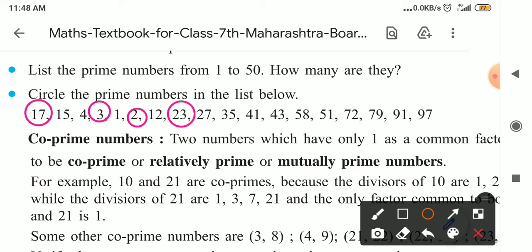Then 9 3s are 27, it is present in more than one table. 41, 43, then 58, 72, 79, and 97. Okay, these are the prime numbers from the list given below. You have to circle these.